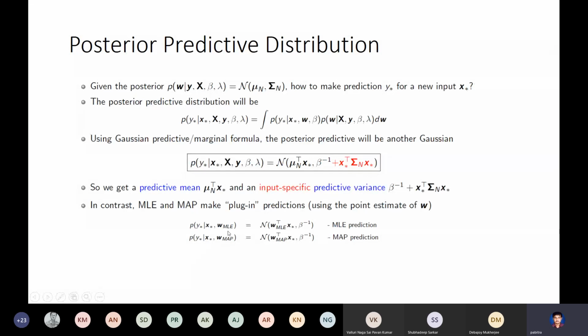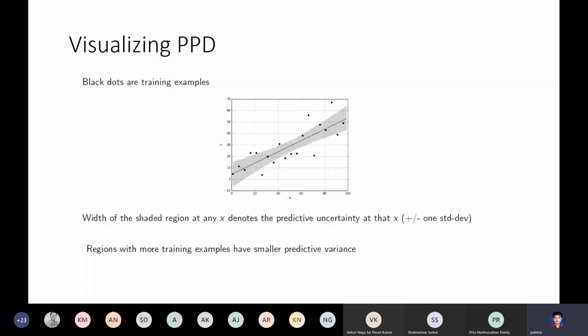You can make plug-in predictions from these values, but let us look at this full Gaussian distribution. What is the visualization of that? The visualization is something like this: given a value of x, what are the possible values of y?